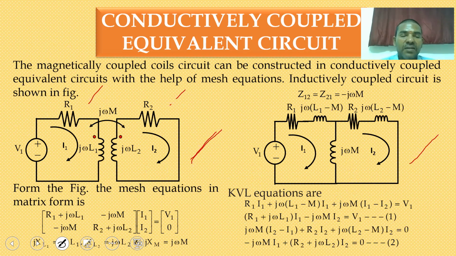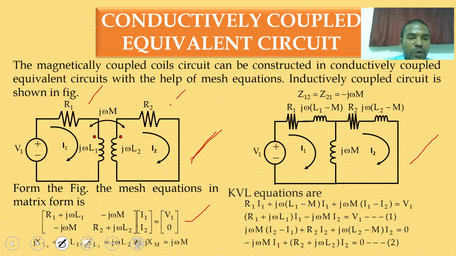These circuits can be easily transformed with respect to mesh equations. I am representing the magnetically coupled circuit mesh equations. Your first loop is R1 and j omega L1, so A11 is R1 plus j omega L1.